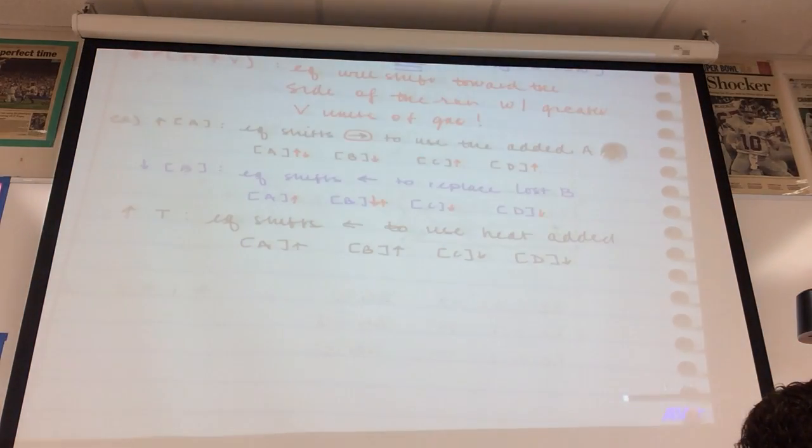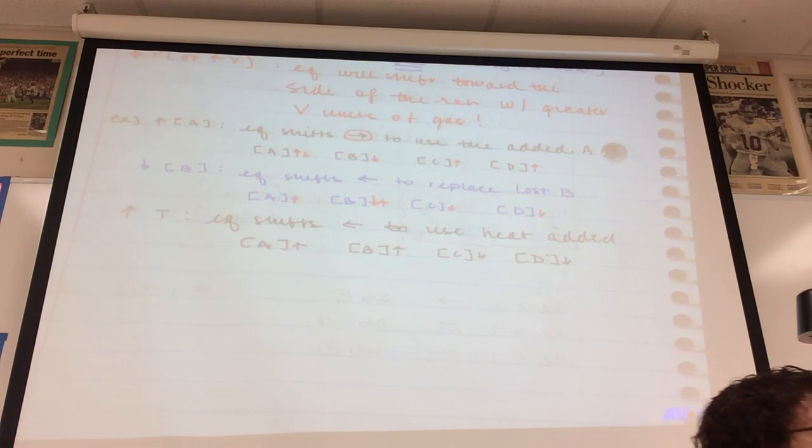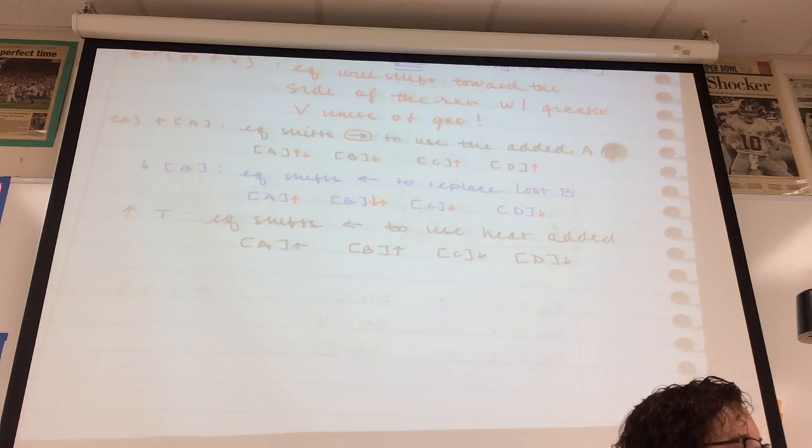First example shown: ammonia and oxygen gas making nitrogen monoxide and water vapor, all gases. You've got a delta H of negative 6.2 kilojoules. Is that endo or exo? Exo. So the energy term would go right here.